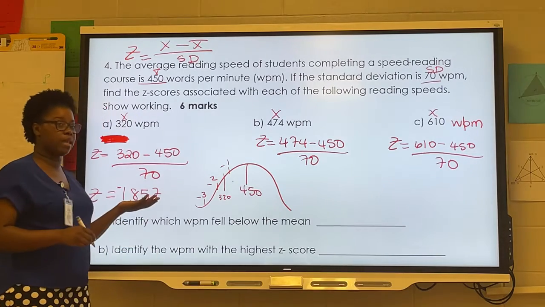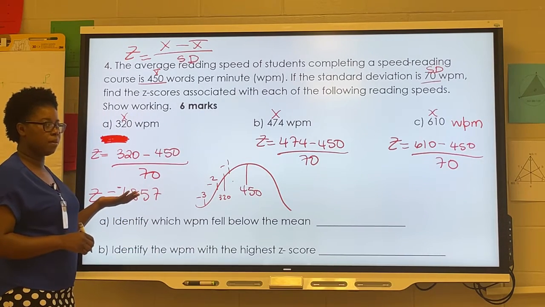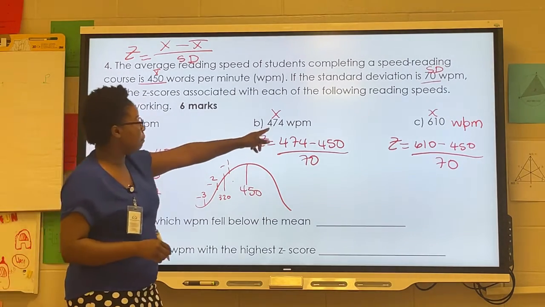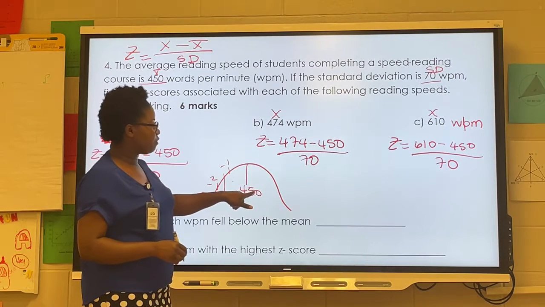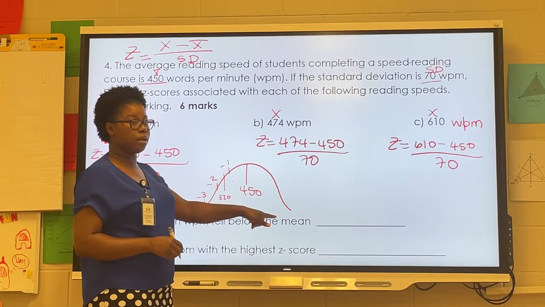So it should give you a negative z-score. Unlike those above 450, which should have a positive number at the end.